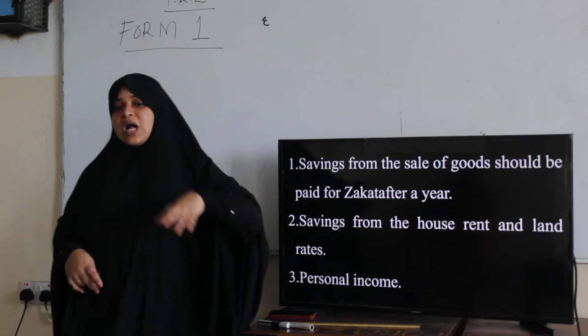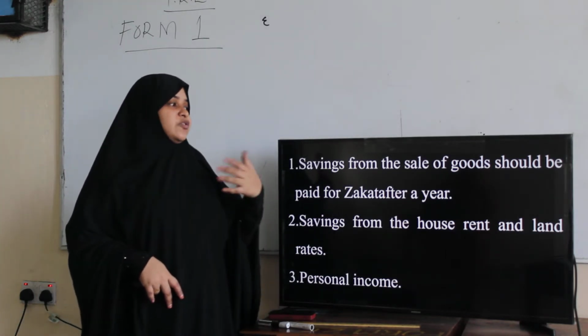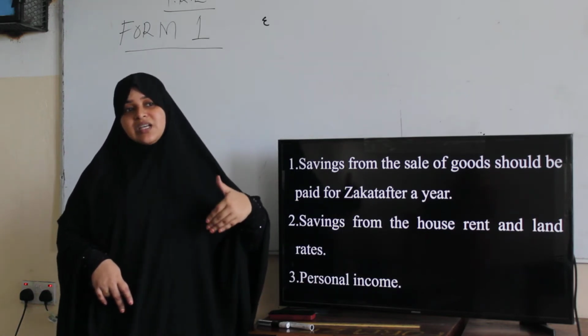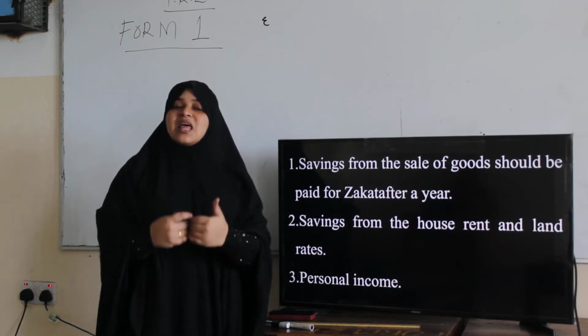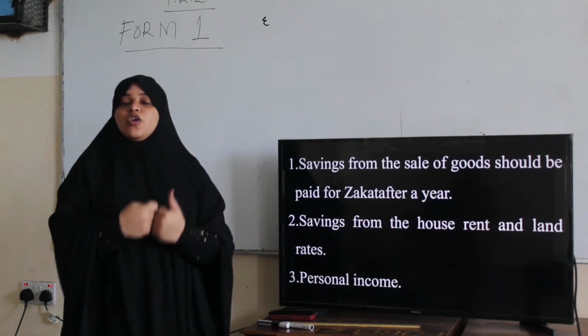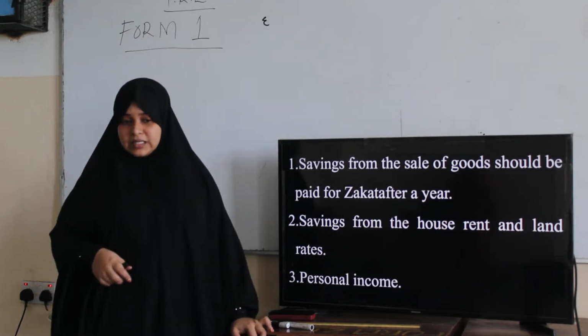When you are a business person and you have savings from the goods you have sold, and these savings have been in your possession for a whole year, then if it has reached nisab, you can give that savings as zakat.